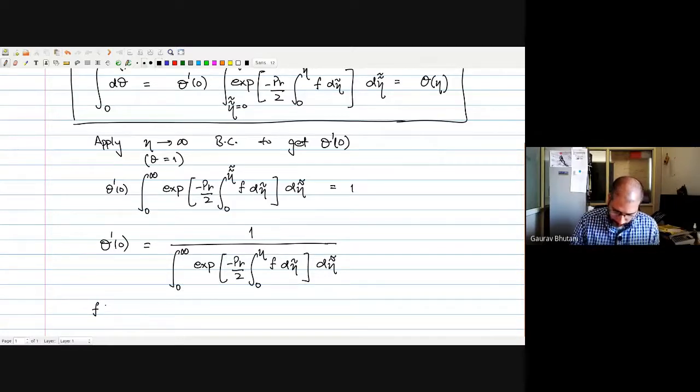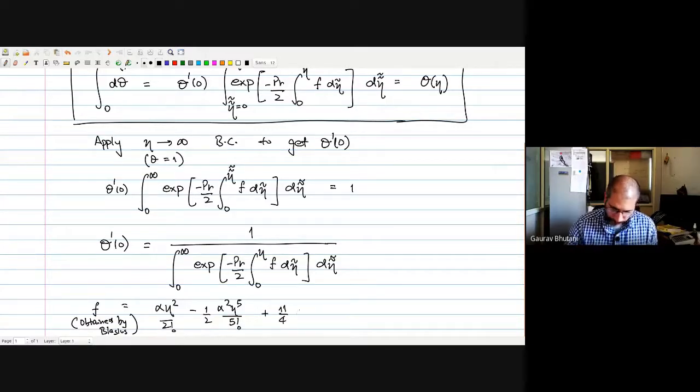So the f obtained by Blasius is written as an infinite series solution in eta, where alpha is a constant, which is 0.332.